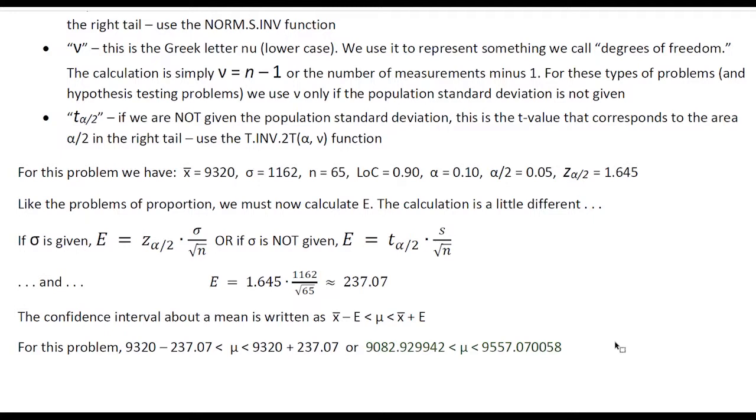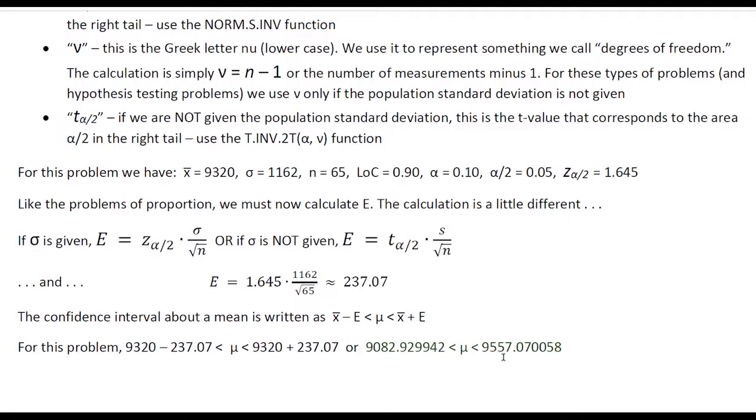To answer the second part of this, does it make sense that the rebuild would be necessary after about 10,000 hours? The answer to that is really no. With a 90% level of confidence we can say that my population mean, mu, is between 9,082 or 3 and 9,557.